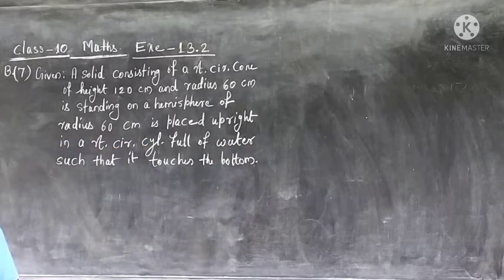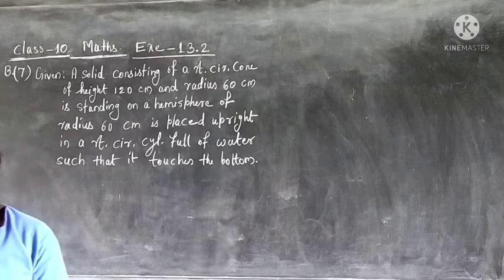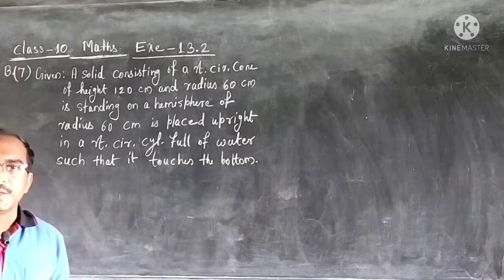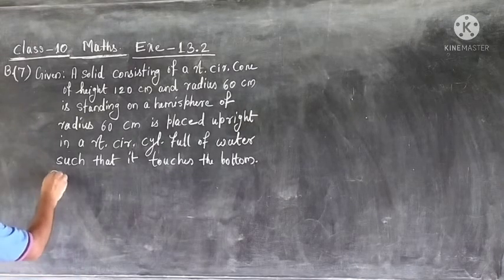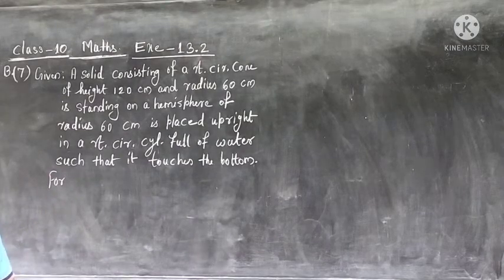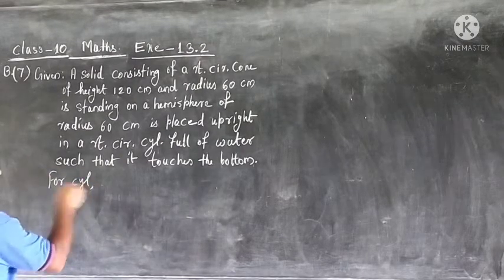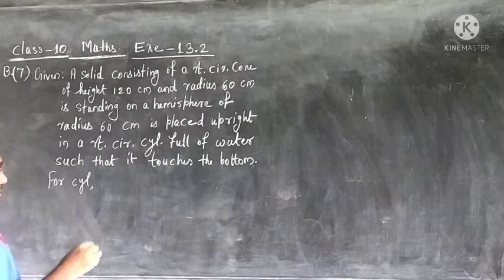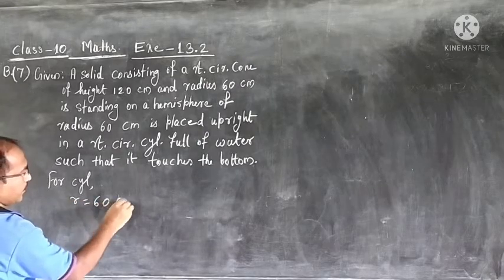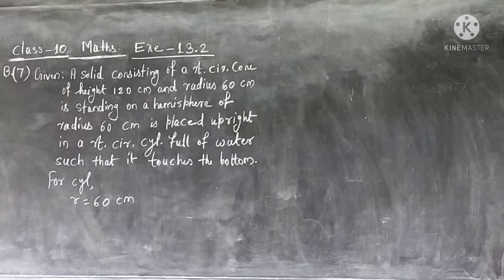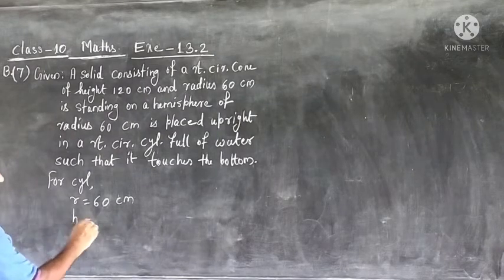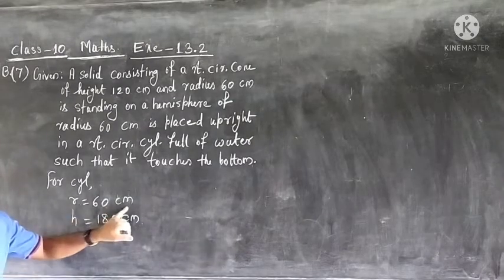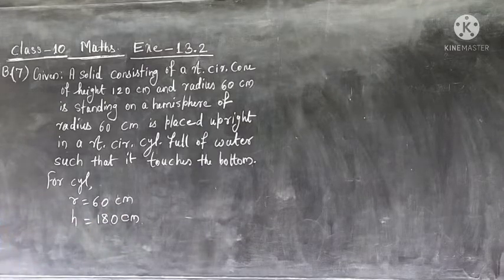Next, the question is: find the volume of water left in the cylinder if the radius of the cylinder is 60 centimeter and its height is 180 centimeter. So, for the cylinder we have radius 60 centimeter and height 180 centimeter.